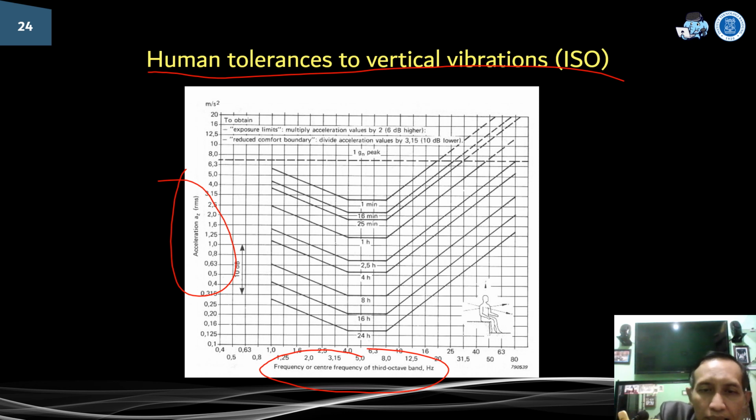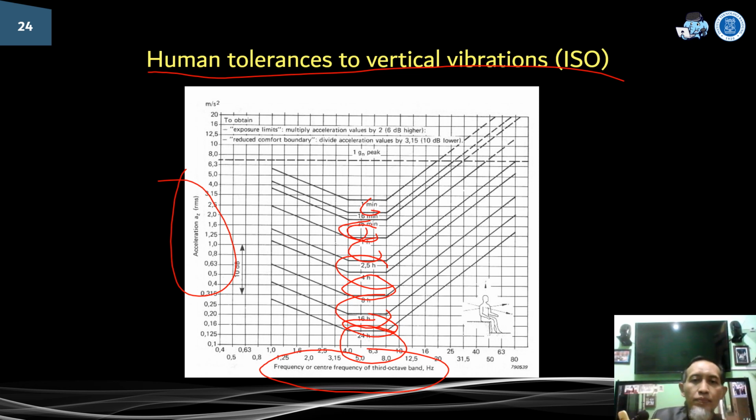This is time: 24 hours, 16 hours, 8 hours, 4 hours, 2.5 hours, 1 hour, 25 minutes, 16 minutes, 1 minute.